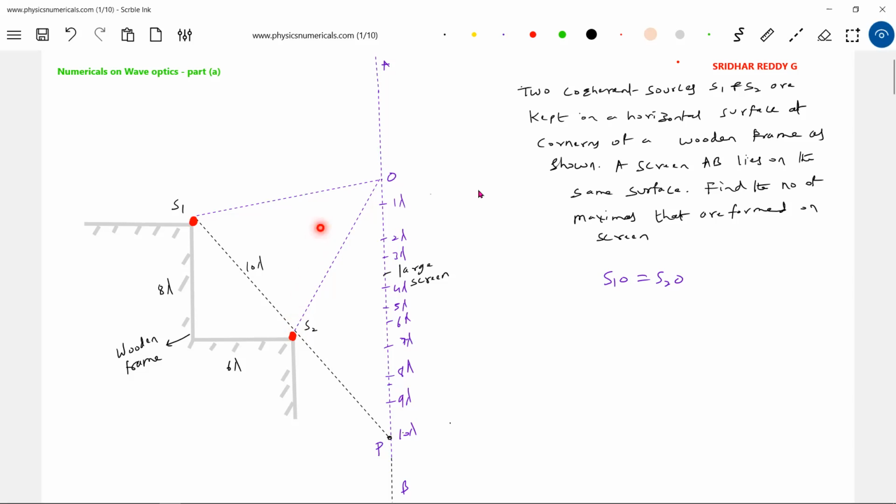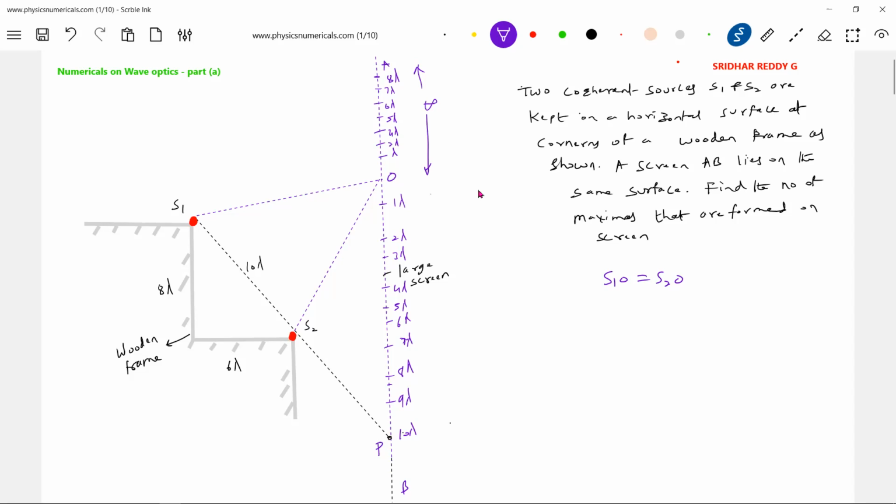The light coming from this and the light coming from this, almost at infinity, what we get here is 8 lambda. Then what happens? 7 lambda, 6 lambda, 5 lambda, 4 lambda, 2 lambda, lambda.